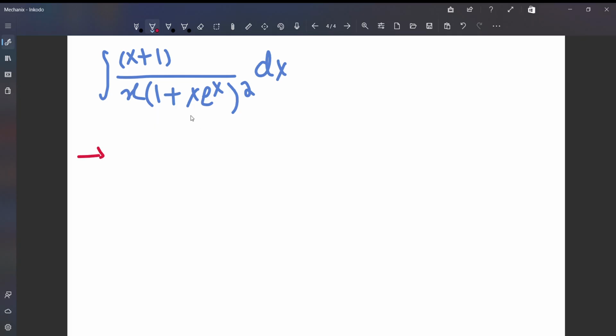So what I'm going to do is consider this as t. The rule I'm following is the method of substitution.